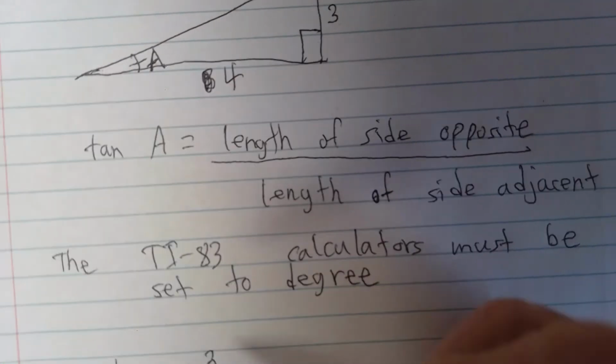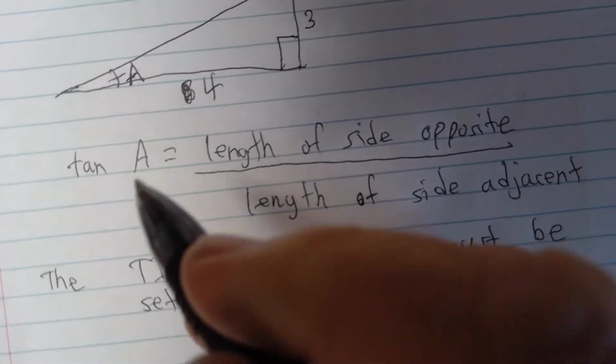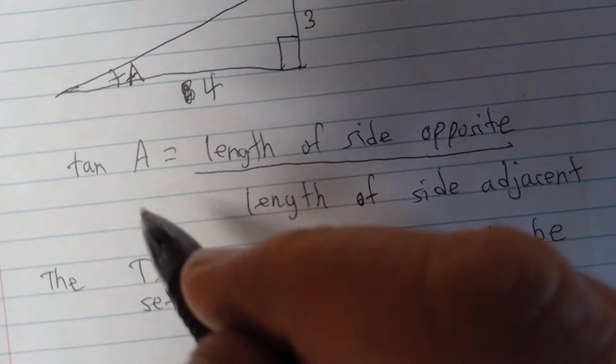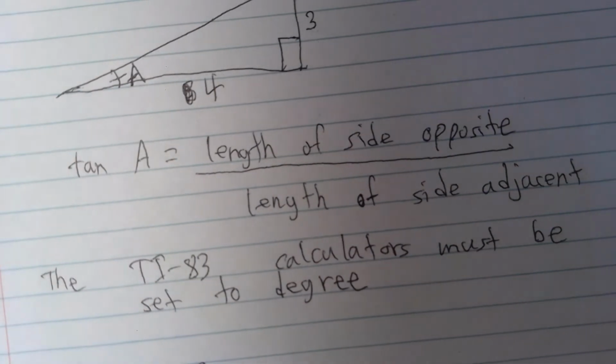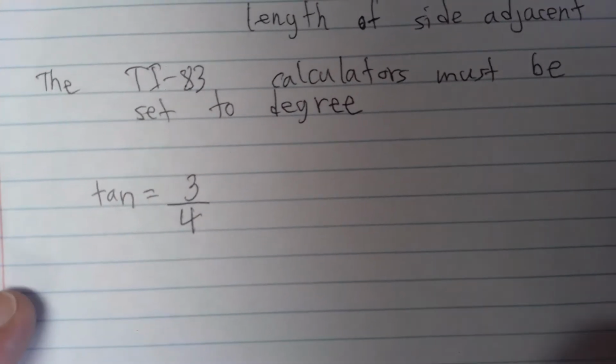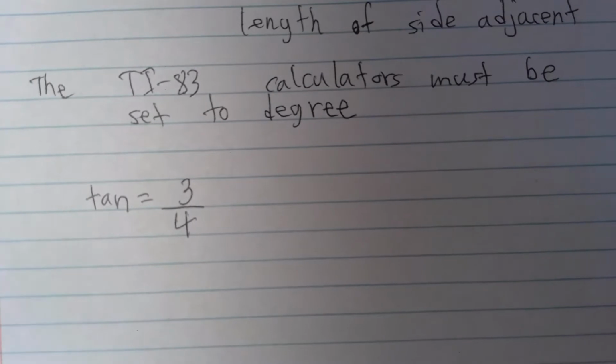I forgot one tiny detail. No, I didn't. It's good. We're going to get to that. I was running ahead of myself. So, tangent 3 divided by 4. Okay?